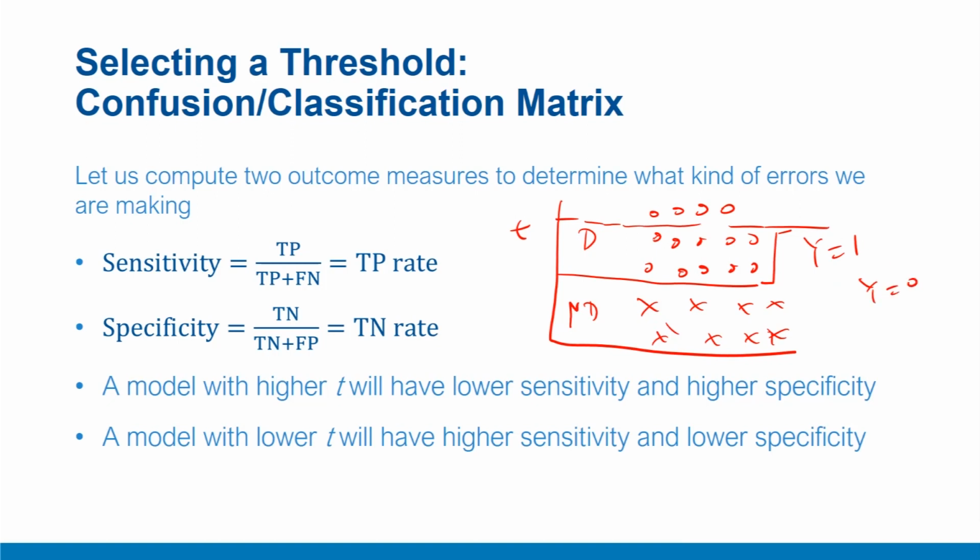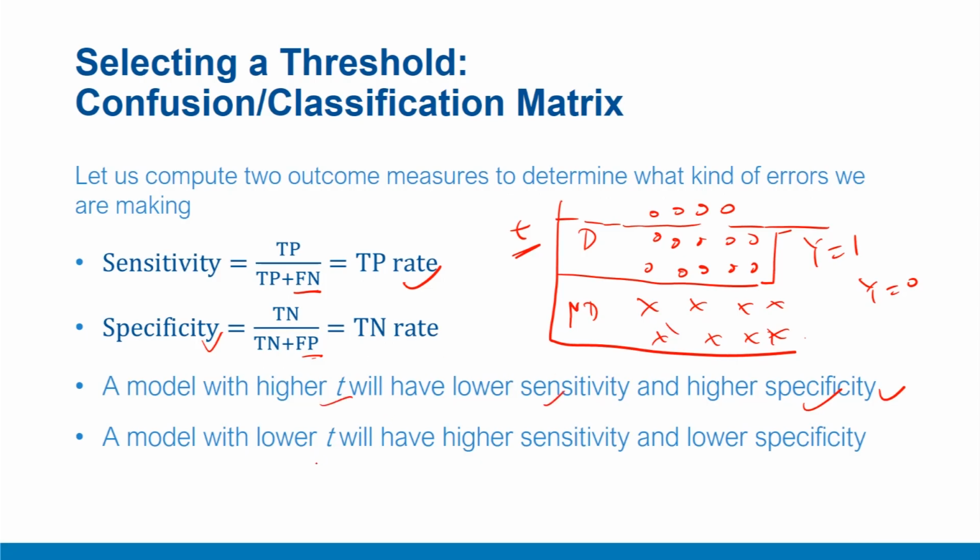That means a high false negative rate. Because your false negatives are larger, your sensitivity will be low. What about specificity? Since you have taken a very high value of t or tau, the possibility that you will incorrectly classify non-defaulters as defaulters is very low. That means your false positives are very low and you score high on specificity. So you score high on specificity but low on sensitivity if you choose a high t.